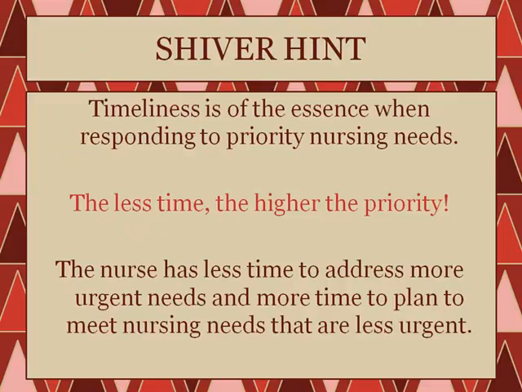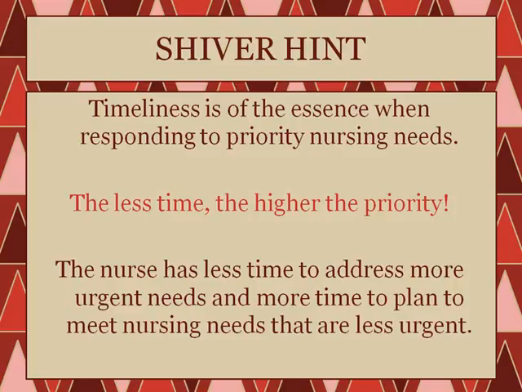What we need to keep in mind is the less time that you have to intervene, the higher the priority is going to be. Okay, so if you can remember that, that may help you set your priorities as well. But to review, our first order priority needs, those are the emergent, the ABCs and safety.